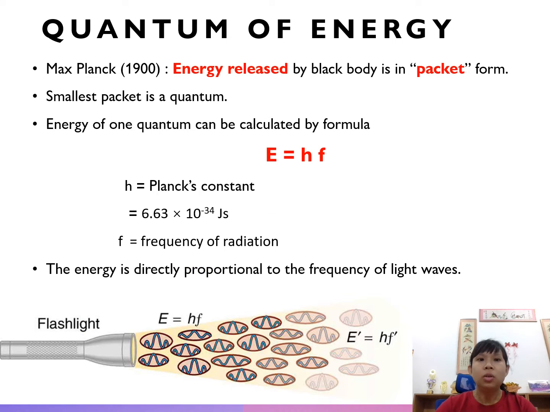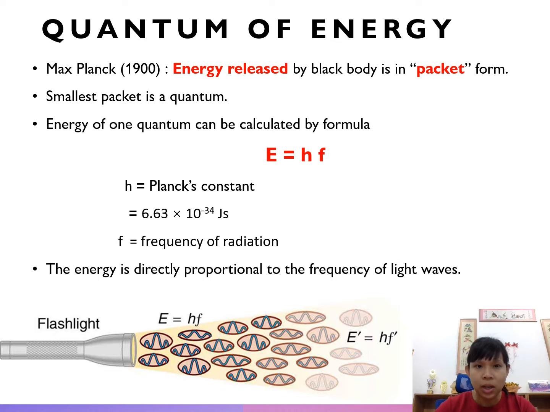Okay, so now we look at what the quantum of energy is. Max Planck said that the energy released by a black body is in packet form, such that the smallest packet we name as one quantum.